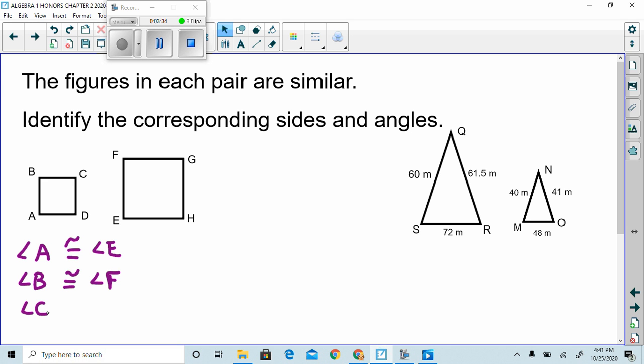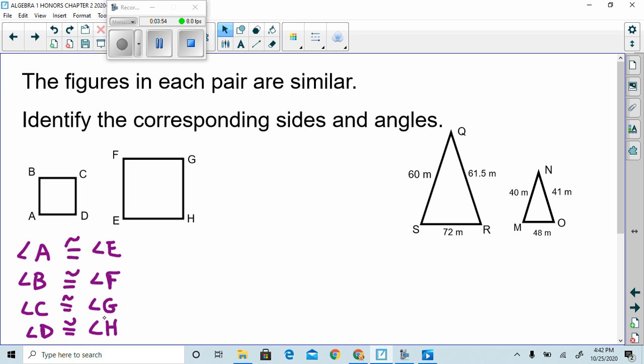Angle C is in the same corresponding spot as angle G, so they are also equal or congruent. And angle D is congruent to angle H. So right away we spent a moment there just looking at those corresponding angles.